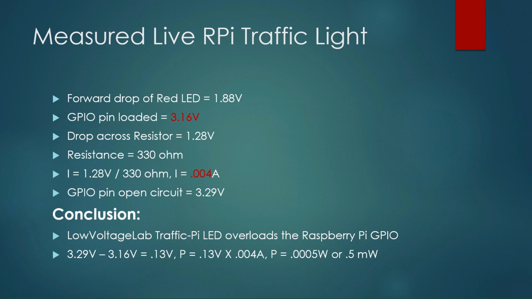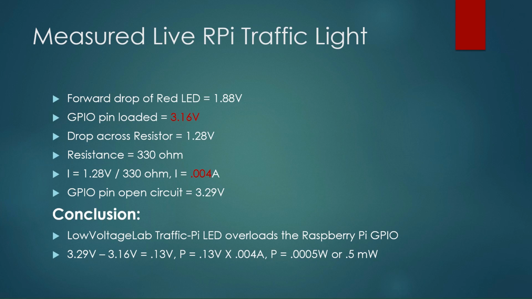And the GPIO pin, when that red LED was turned on and loading the circuit, was 3.16 volts. Now, I flagged that because that is significantly lower than what I would expect at 3.3 volts.